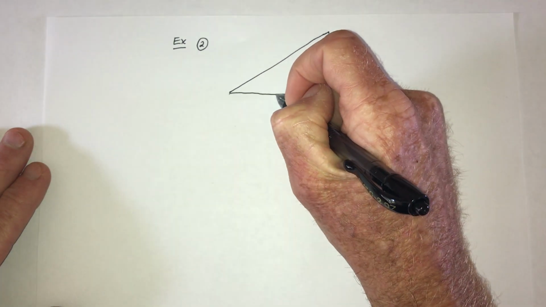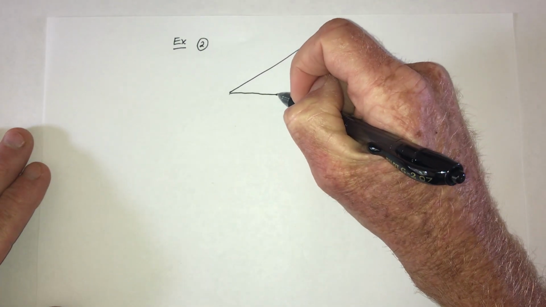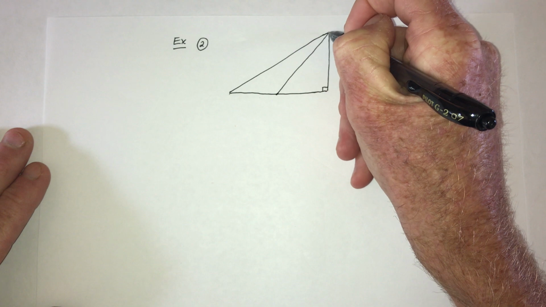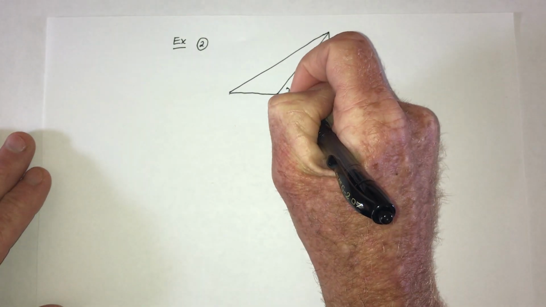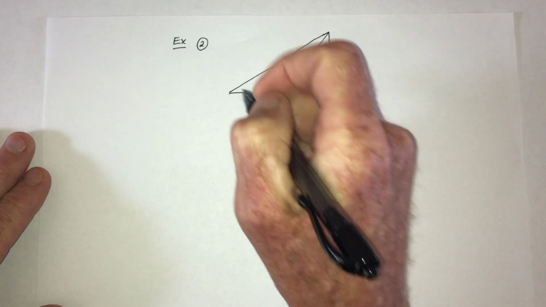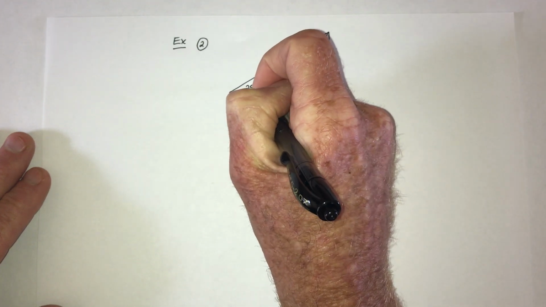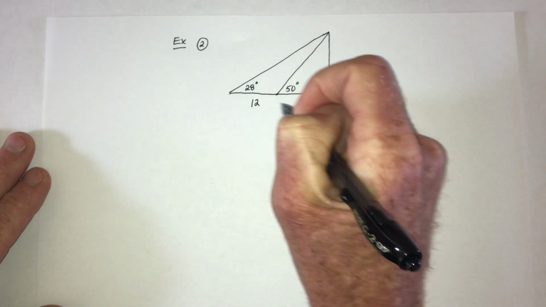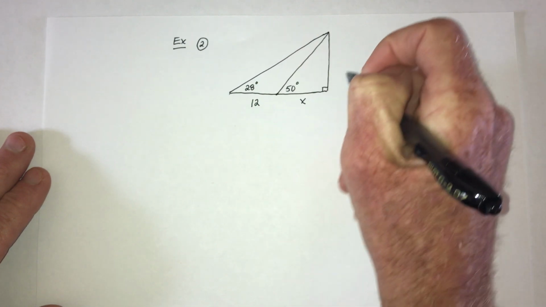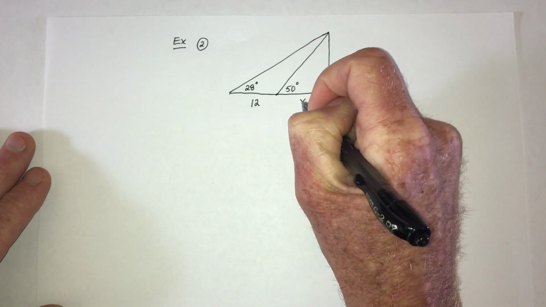Now pick a point somewhere on the bottom of it and divide the triangle like this. And now let's say this is 50 degrees. This is 28 degrees. This is 12. This is X. And this is Y.